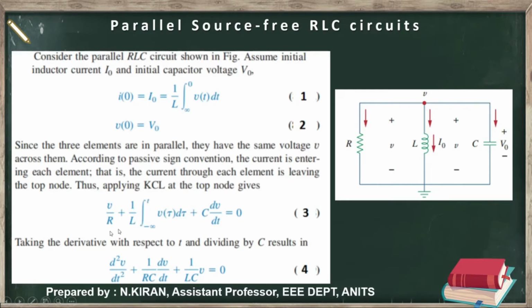Differentiating the above expression and dividing by C throughout, we will get d square V by dt square plus 1 by RC into dV by dt plus 1 by LC into V is equal to 0.